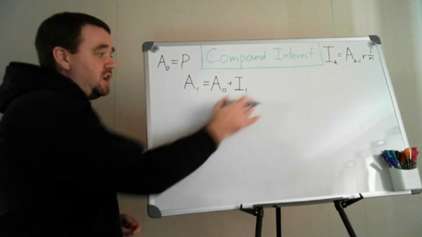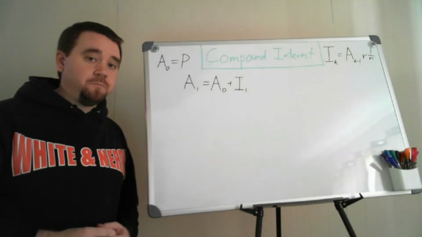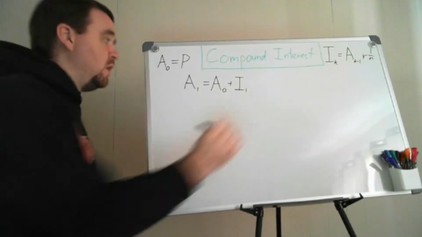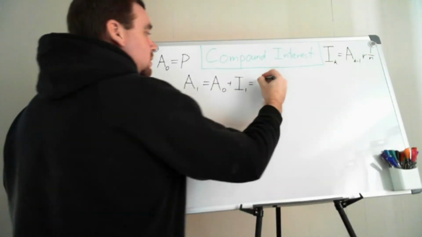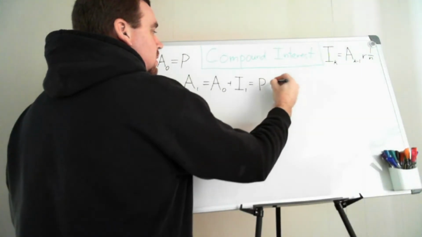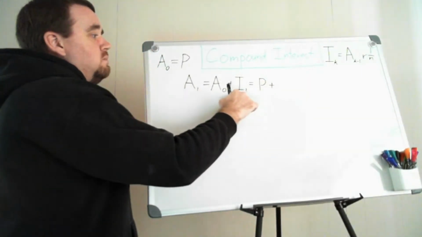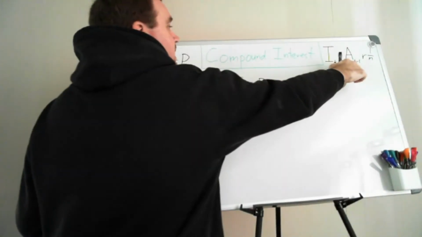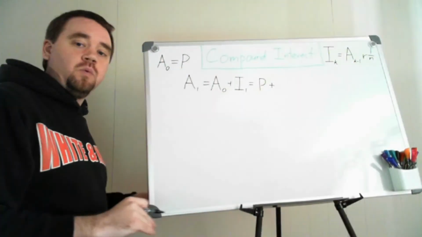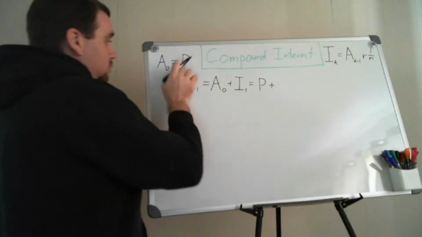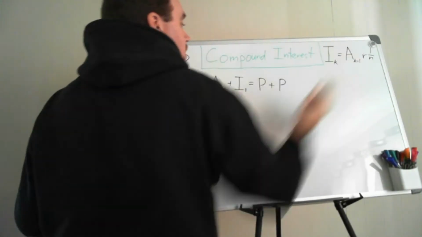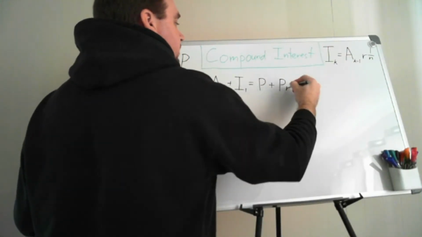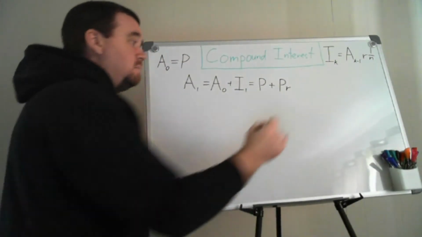So during the first compounding period. All right. Now let's fill in what we know. We know A sub 0 is just P plus I sub 1. Well, that's going to be A sub 1 minus 1, which is A sub 0, which again is P, times r, which we know is still r, times 1 over n.